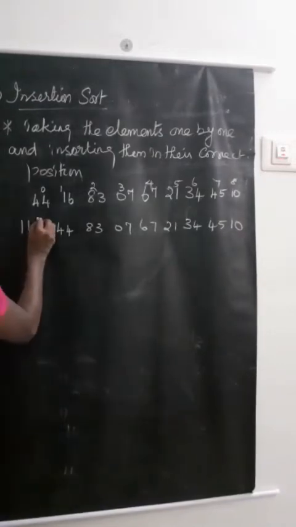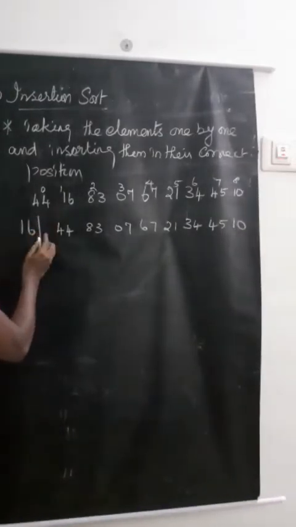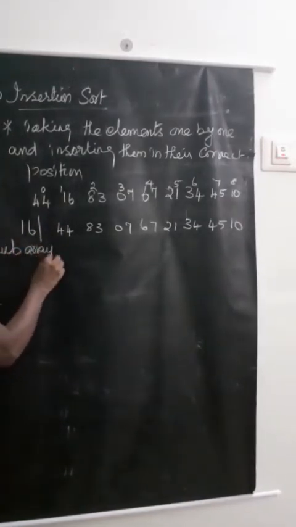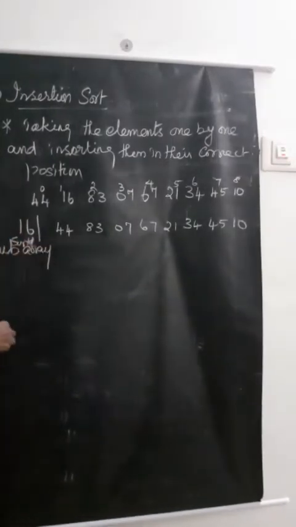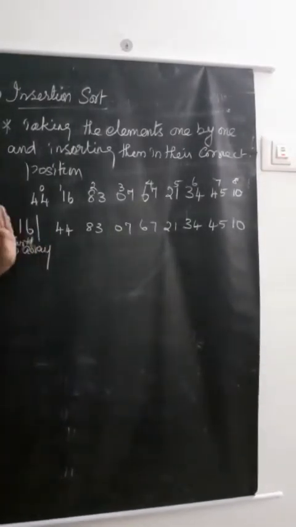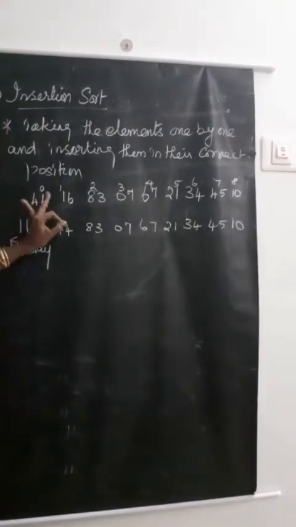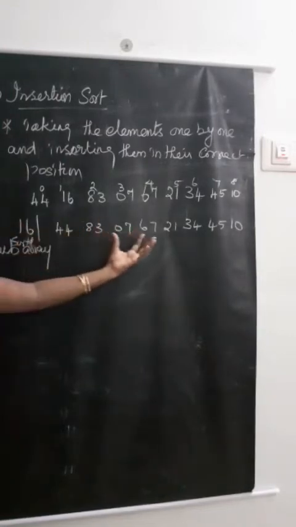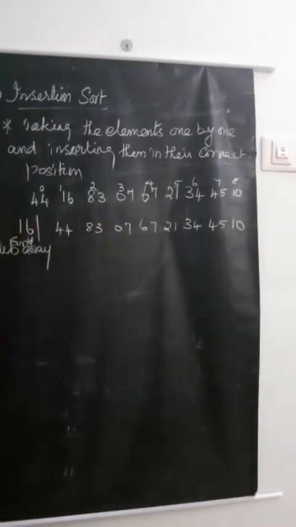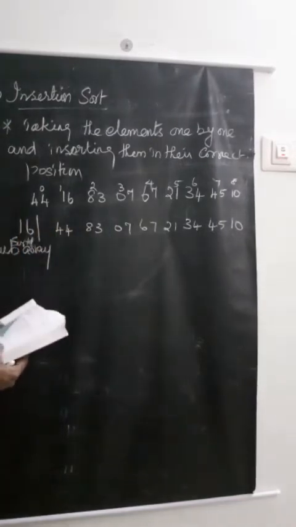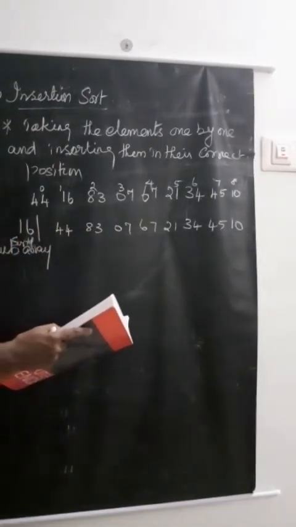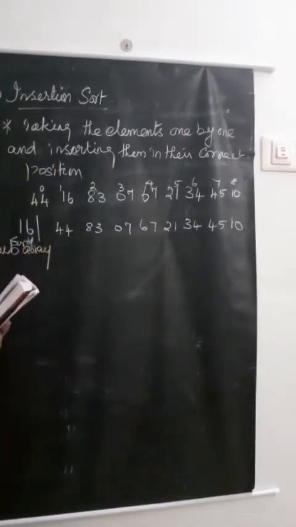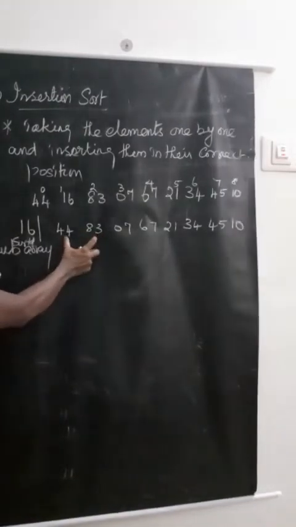Here 16 behaves as a sub-sorted array, because 16 is smaller than 44. Now pick the next element. 44 is compared with 83.